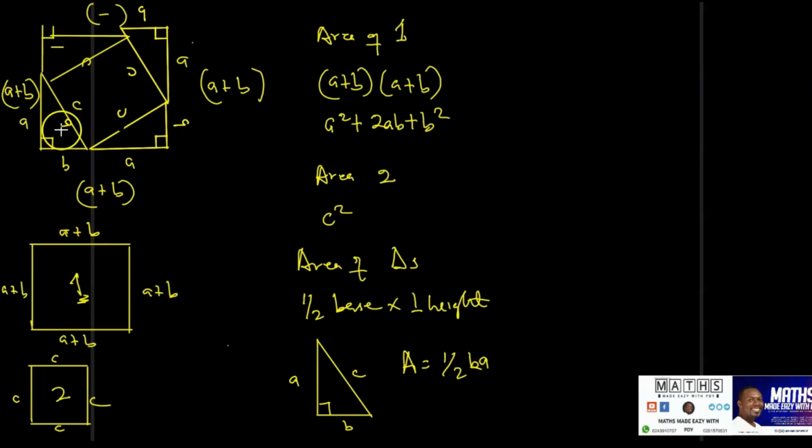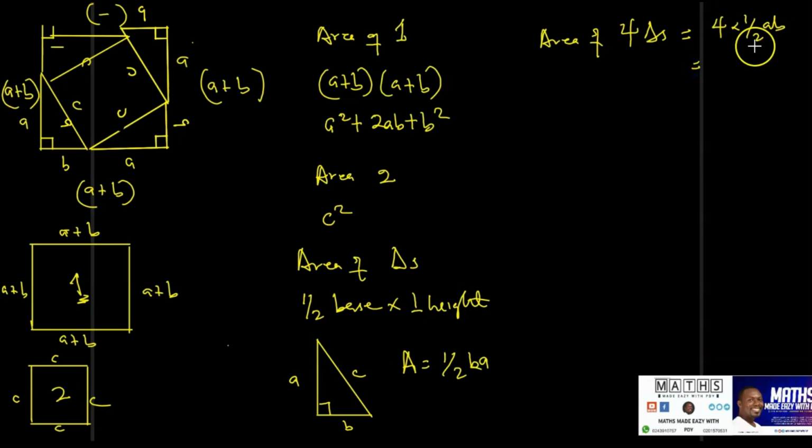But how many of the triangles do we have given as the square, if I may ask? How many of the triangles came together? 4 of them. So if 4 of them gave us the square, then the area of 4 of the triangles will be equal to 4 times half of AB.